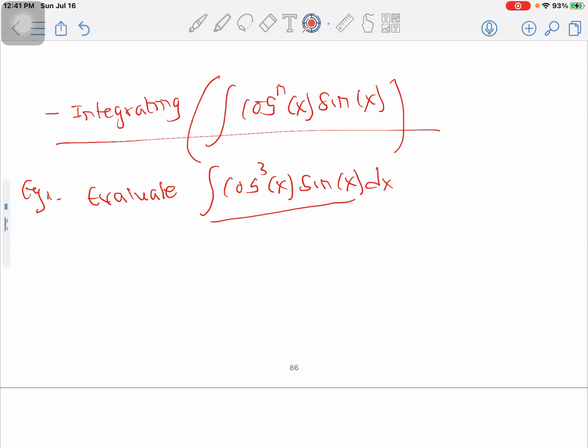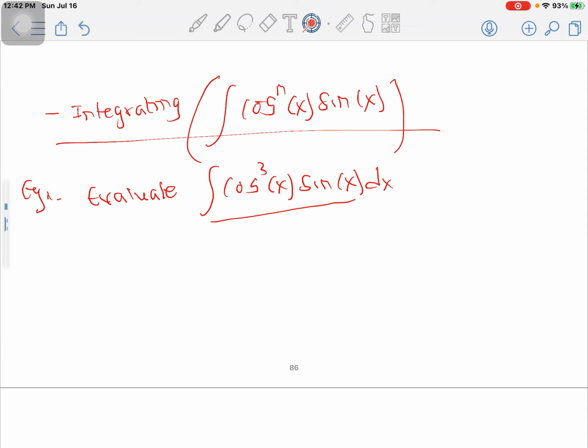When you get some questions like this, what you need to focus on is how you will be able to eliminate one of the trigonometric functions or ratios and leave everything in terms of one ratio.